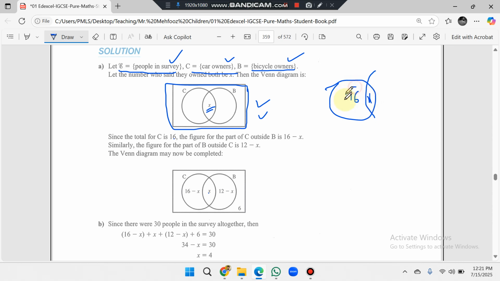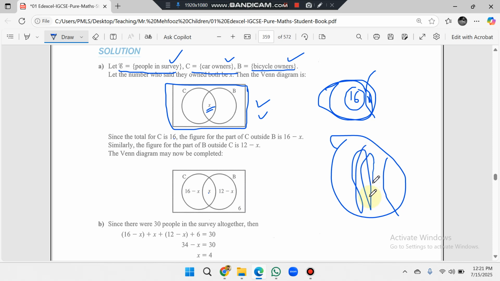So we are dealing with this part. So this part is equal to 16 minus x. Understand or not? Yes. Okay.